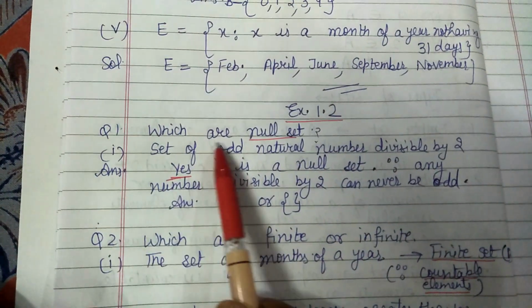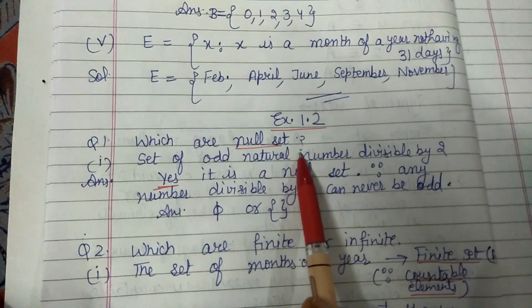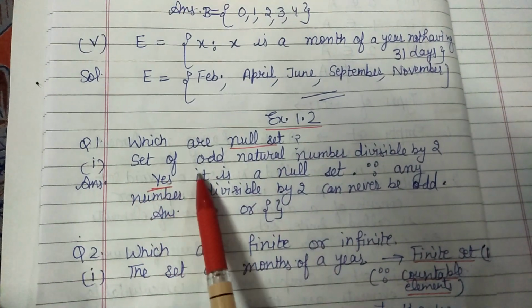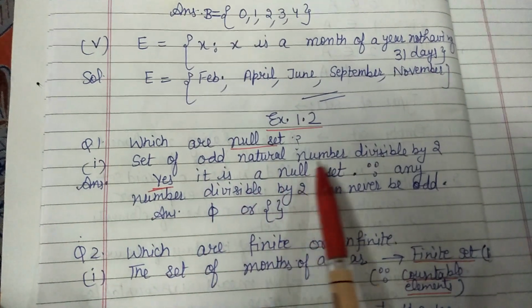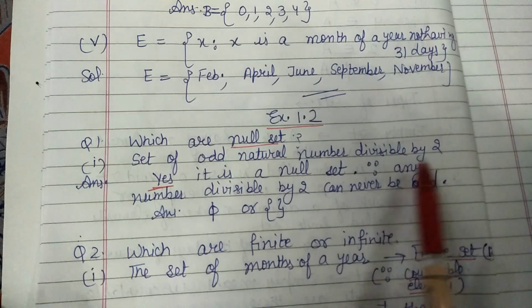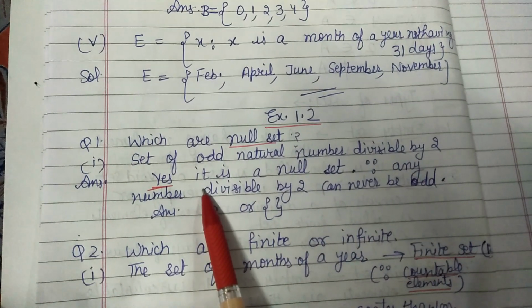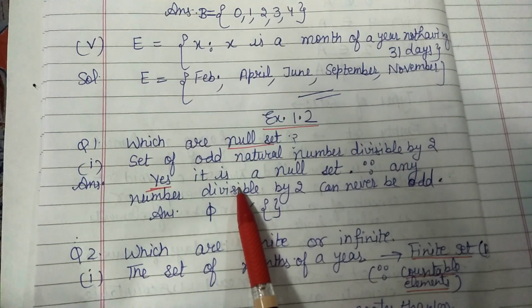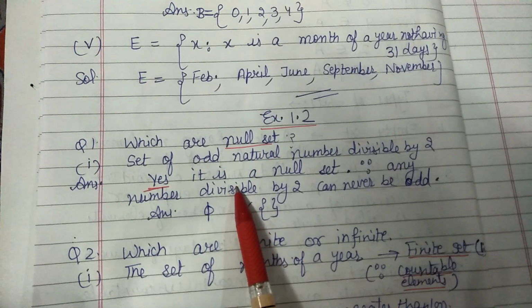Now come to exercise 1.2. Question 1. Which are null sets? Null set means no element. Number 1. Set of odd natural numbers divisible by 2. So children, please think, is there any number which is divisible by 2 but is odd also?